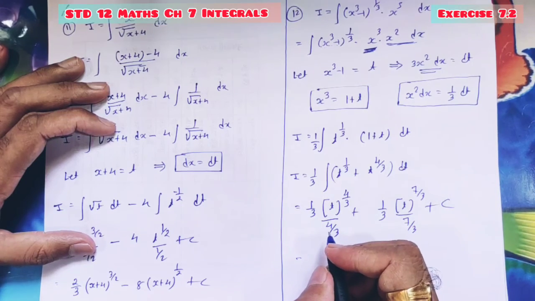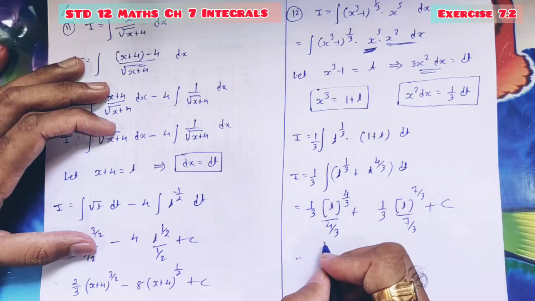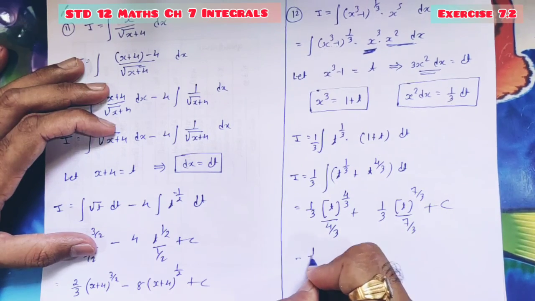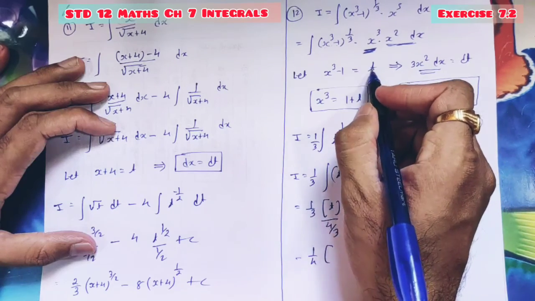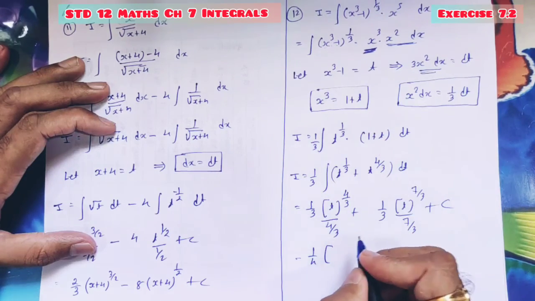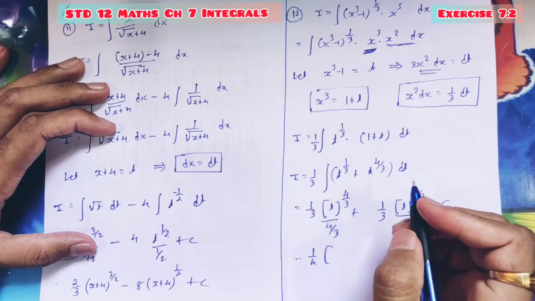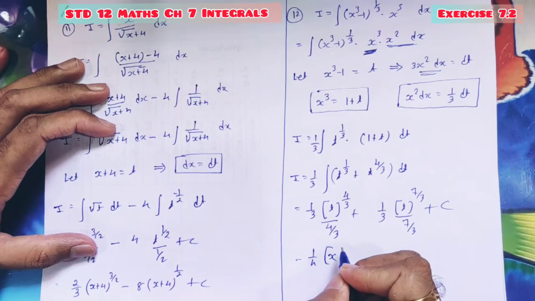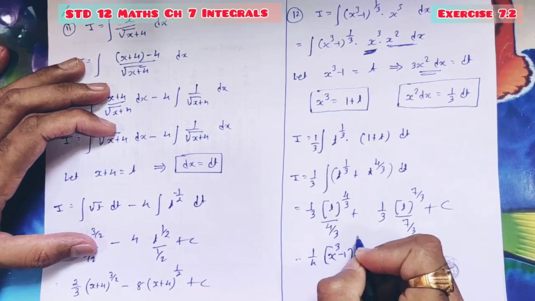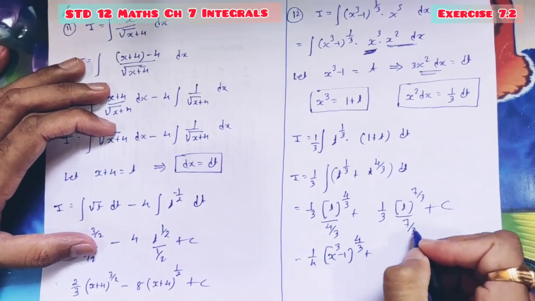So 3 3 will be cut. So it's a 1 by 4 t. What is t? X cube minus 1 raised to 4 by 3 plus ये 3 3 कट.